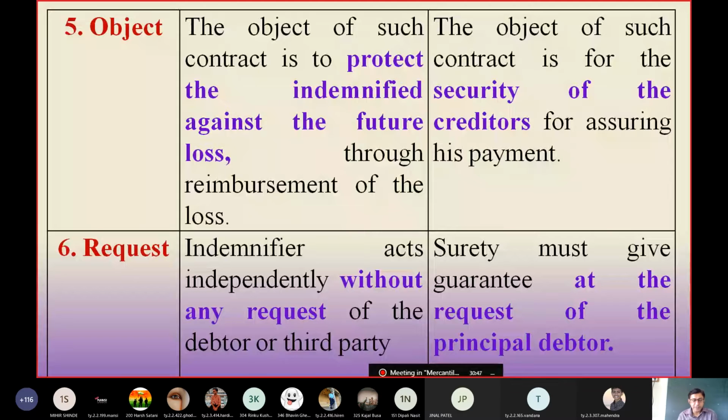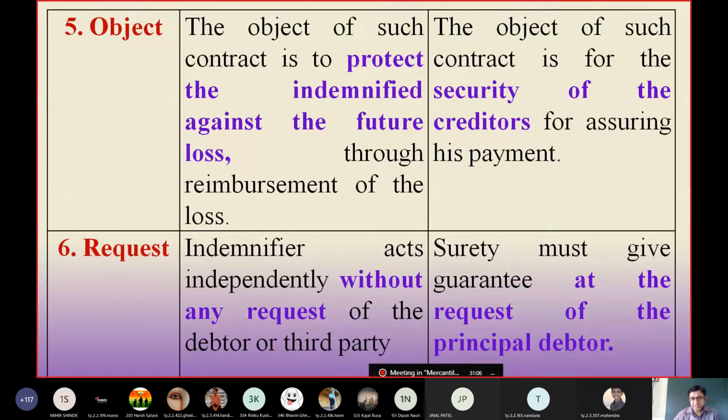Say for example, the debtor wants goods on credit from the creditor. And the creditor demands from the debtor, I will provide you goods on credit, but bring one surety or bring one guarantor. I will provide you goods on credit.